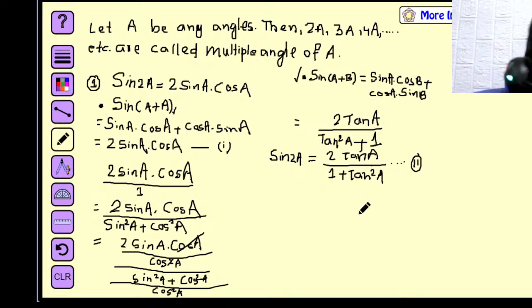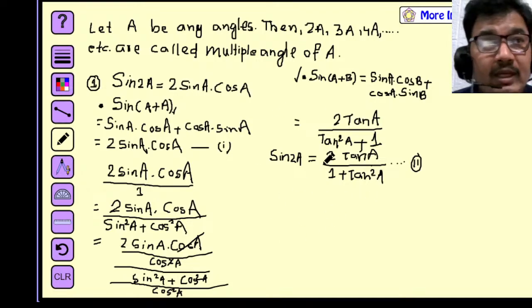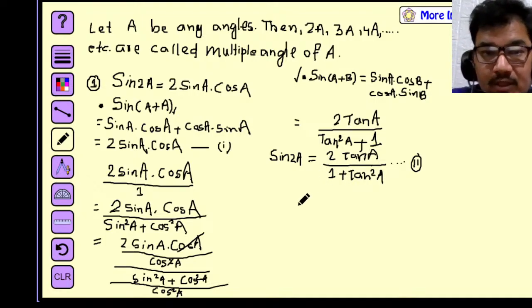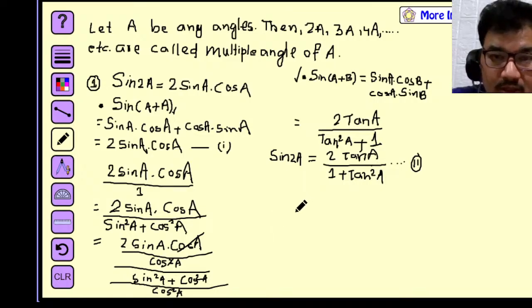Now from this tan we can bring the cot also. From this second relation, to bring in cot, we know 2 is multiplied here.